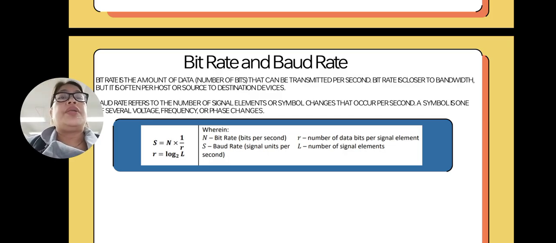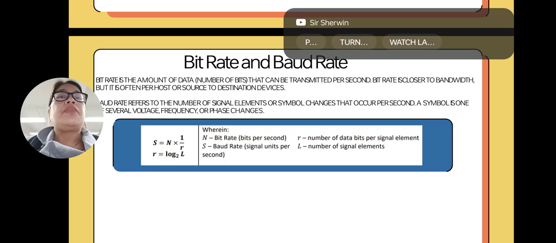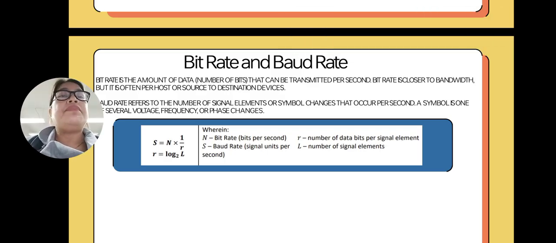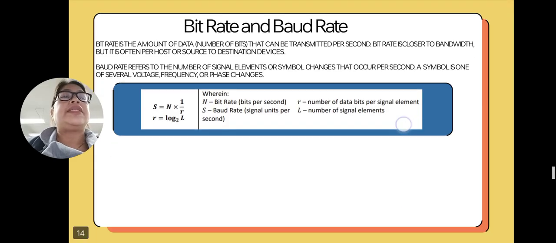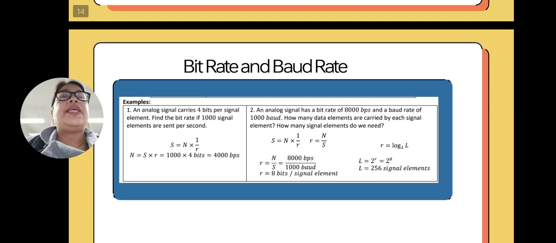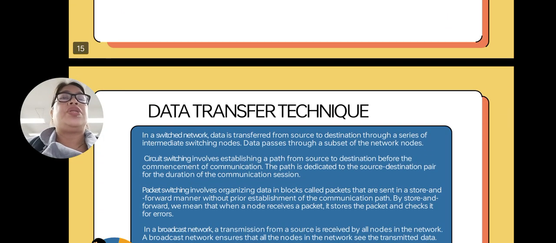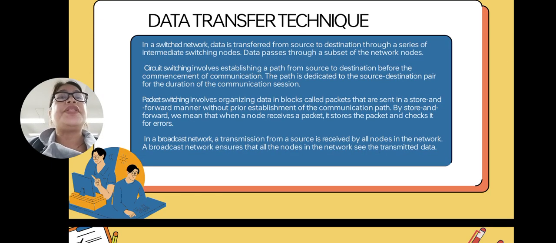Here are the formulas: S equals N times 1 over r, and r equals log base 2 of L, in bits per second, where S is the baud rate, r is the number of data bits, and L is the number of signal elements. A similar computation is shown at the bottom. Next is the transfer technique, which is how data passes through the subnet and network nodes.